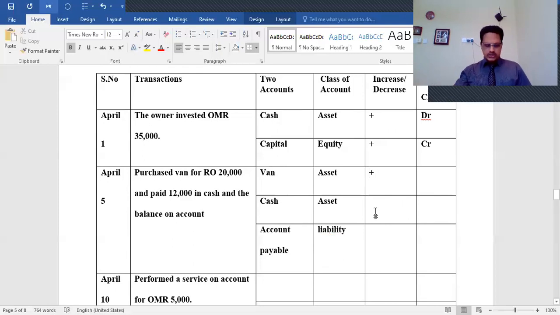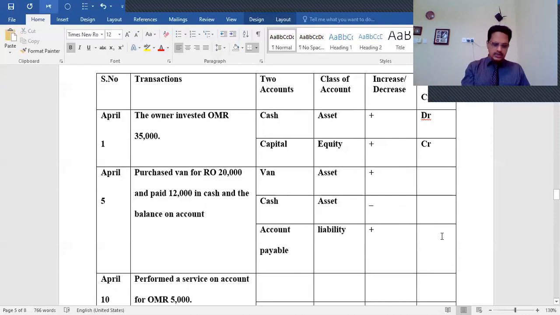When you pay cash, your asset, cash, decreases. When you didn't pay the full money, some money you have to pay, your liability increases. So once again, van is increased, cash is decreased, and account payable liability is increased. Your liability is increasing.